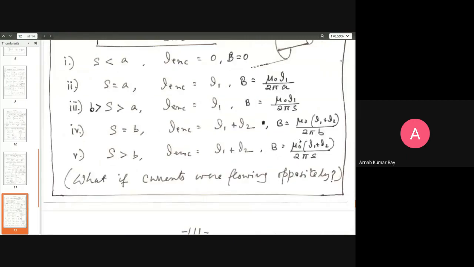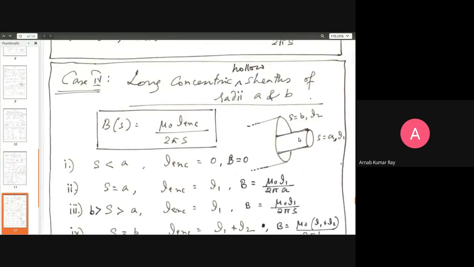This is important because you can't avoid getting a magnetic field if you have a current. Just like you cannot avoid getting an electric field if you have a charge, or you cannot avoid having a gravitational field if you have a mass. But occasionally a magnetic field can be a nuisance. You want to cancel the effect of that magnetic field. Just like if you want to cancel the effect of an electric field, suppose a positive charge has created an electric field, how do you cancel the effect of that electric field?